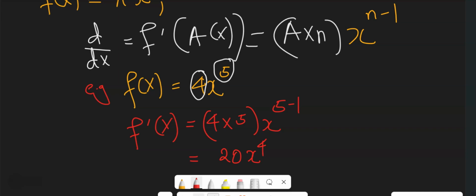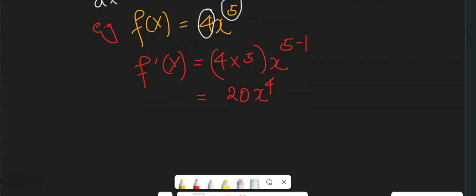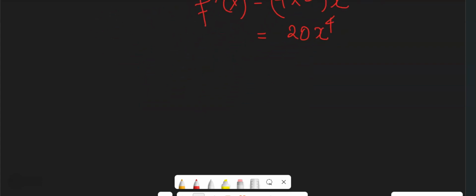Let me explain further that in differentiation we have first, second, third, and if possible fourth derivative, depending on the power of the polynomial you're differentiating. So if n equals 4, you can go up to 4 derivatives.